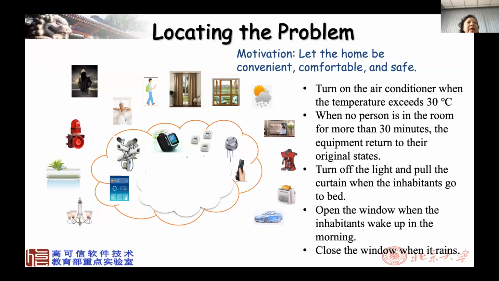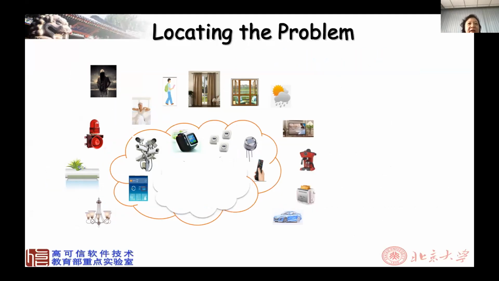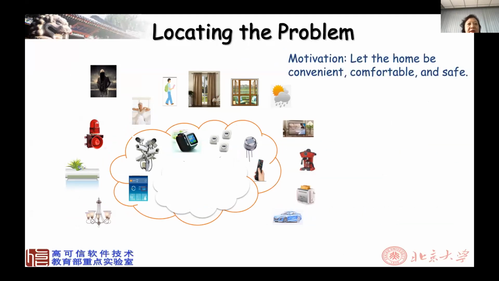The stakeholders may tell you these kinds of things to say what they mean by a smart home. With this kind of desire, we can start locating the problem, so we elicit the entities in the real world related to the descriptions of their desire.